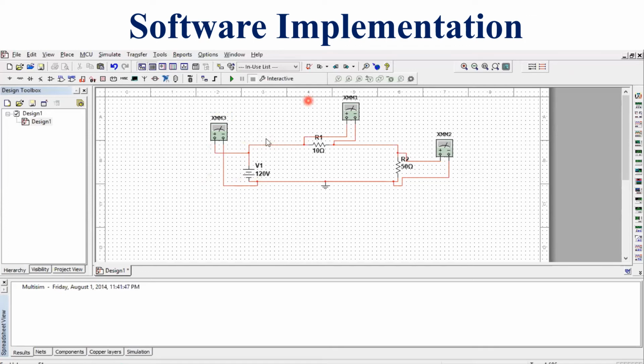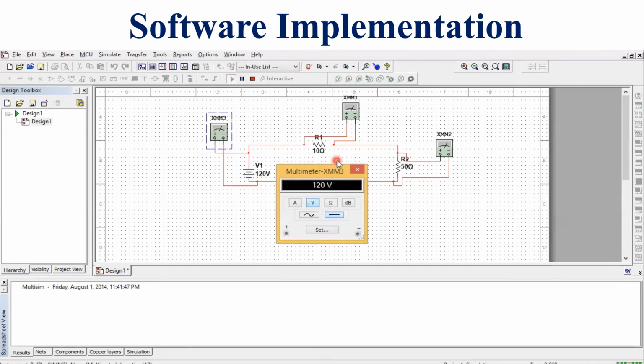So the circuit is completed. Now we have to run the simulation and check the voltage across these multimeters or battery sensors. 120 volt, as we have connected the battery of 120 volt. Next measurement is 20 volt. Across this resistor we have a voltage of 20 volt, and the drop across this resistor is 100 volt.